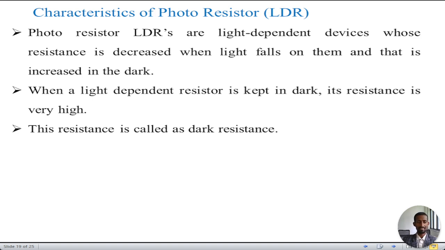If the resistance is decreased, the current will increase, or the conductivity of that material has increased. When a light-dependent resistor is kept in the dark, its resistance is very high. This resistance is called dark resistance. We call the resistance of these photoresistors located in the dark the dark resistance.